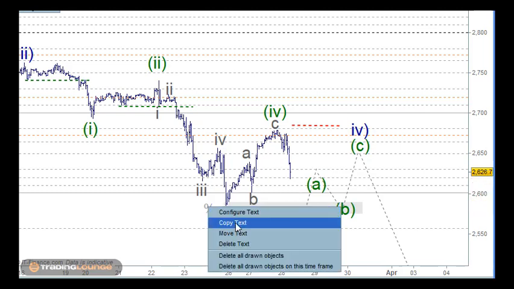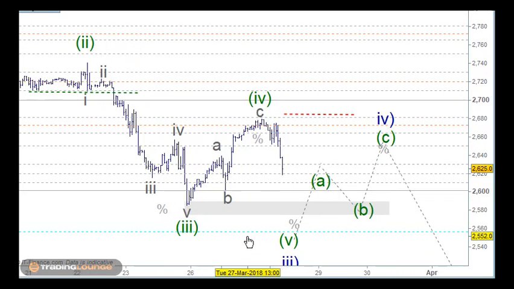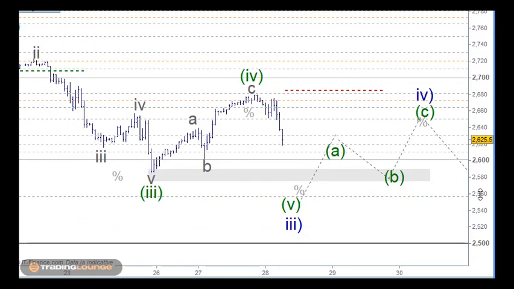Our aim was basically to sell a percentage in here, come back up to this wave 4, and sell another percentage in here, and we'll look for this move down through here to take this low out. We'll look to sell coming into this low or below this low. We're looking for 5 waves down through here, so that's panning out quite nicely.